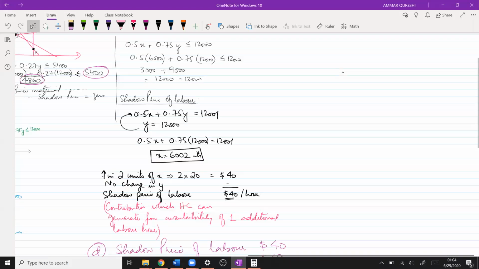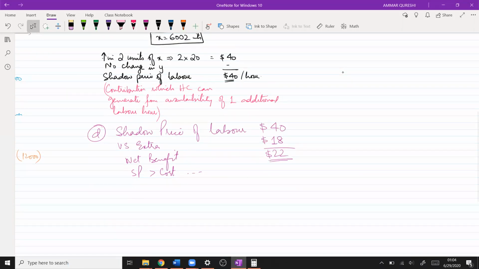We will be left with 540 kilograms. This is the second point which we are discussing.